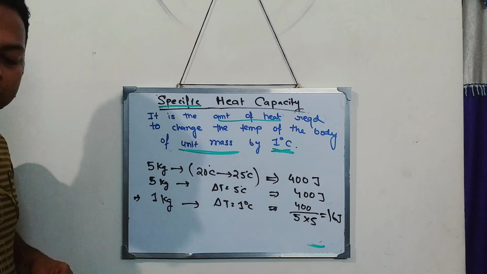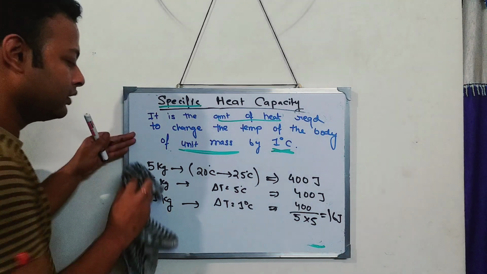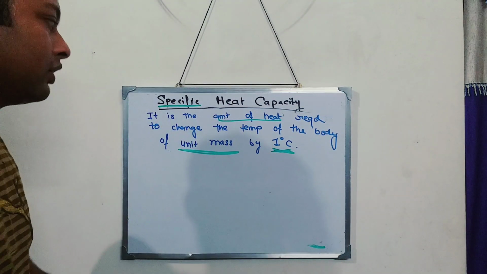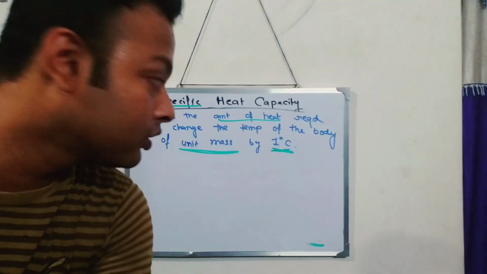If you understood, then let's take one more example to make you understand in a better way. If you understood this example, then good, or you can try with this example also.